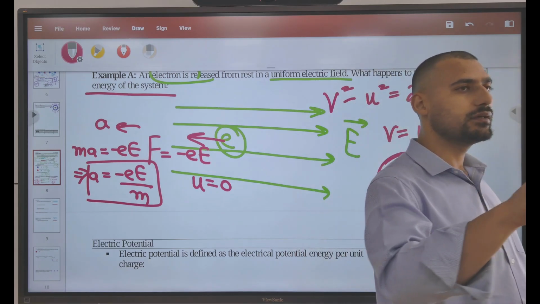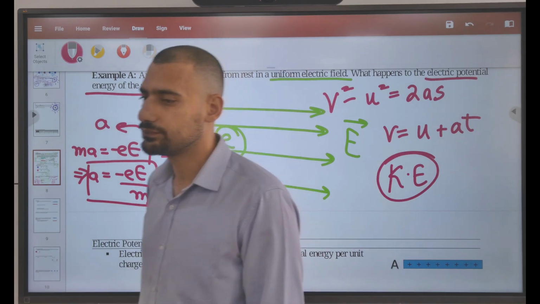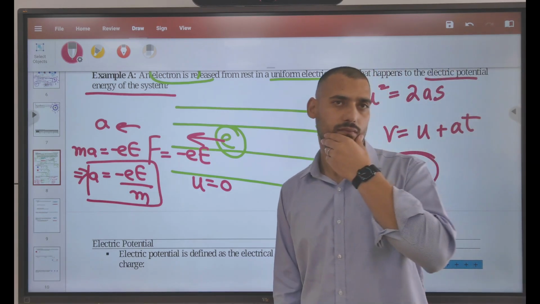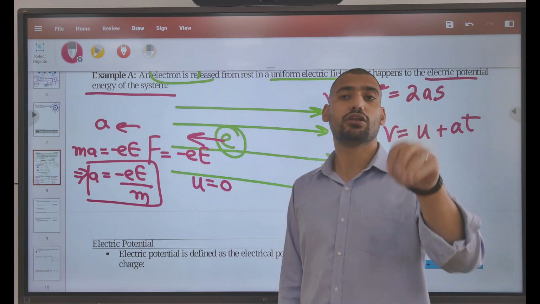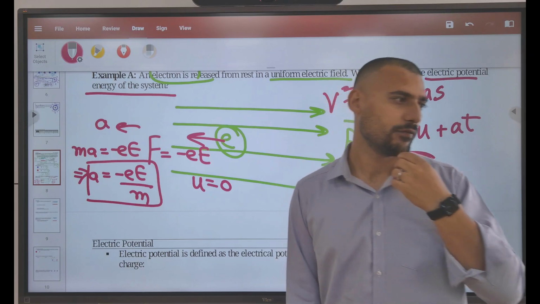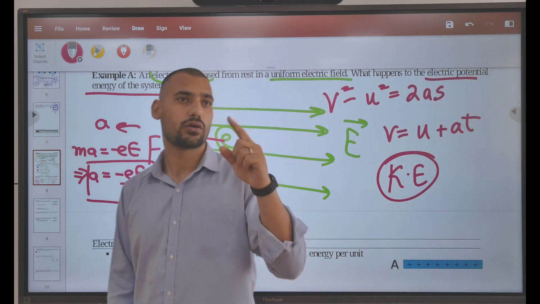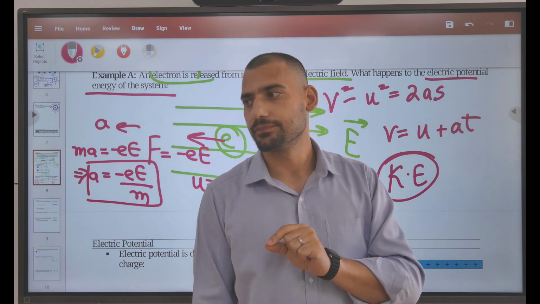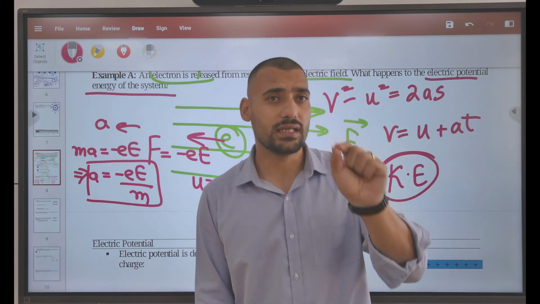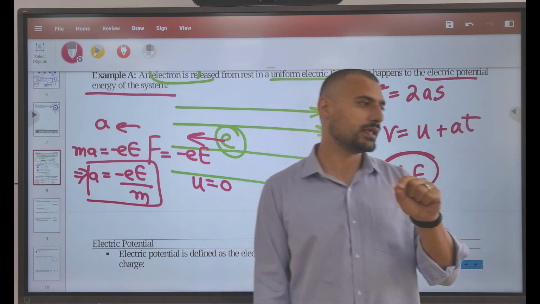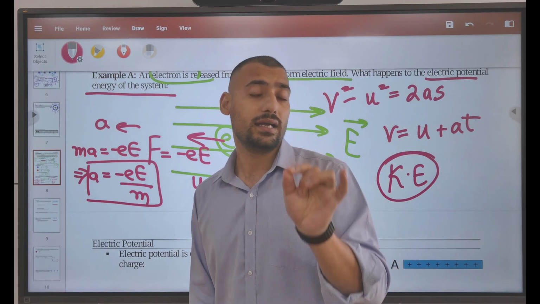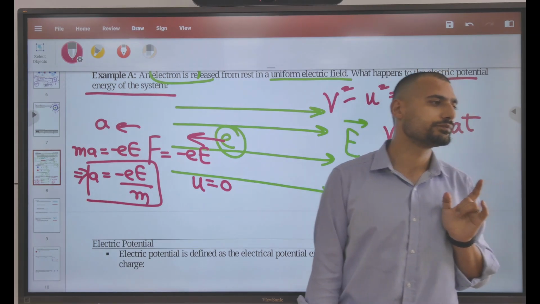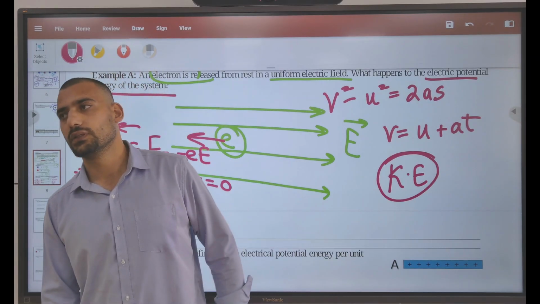After being in the field for 10 seconds, find the velocity gained, the momentum, kinetic energy, and the distance traveled by the electron. Try to solve this question.